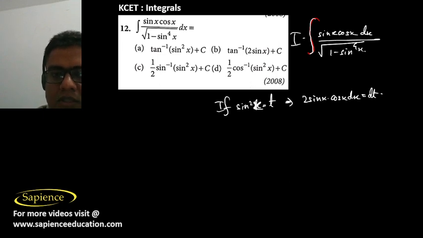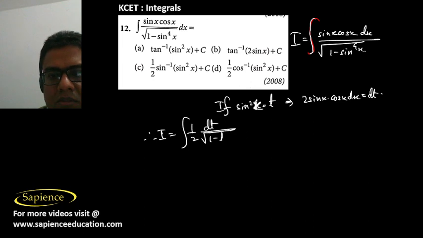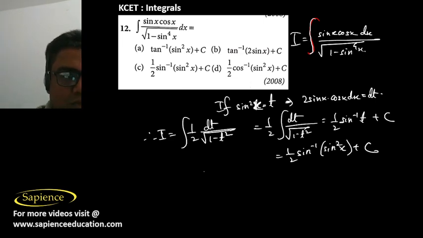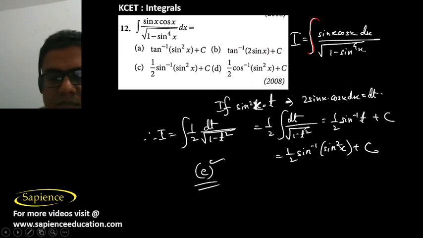So therefore this integral I can be written as integral 1 by 2 dt divided by square root of 1 minus t square. So this is 1 by 2 sine inverse t plus c. So this will be half of sine inverse t, that is half sine inverse of sine square x plus c. So it means that option C is the correct answer.